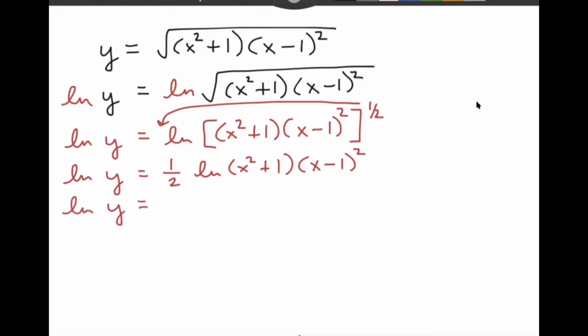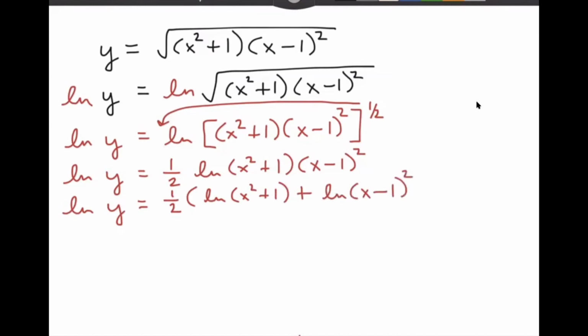See, I'm trying to make the differentiation part of this simpler. So this is going to be 1/2 times the natural log of x squared plus 1 plus the natural log of x minus 1 squared.